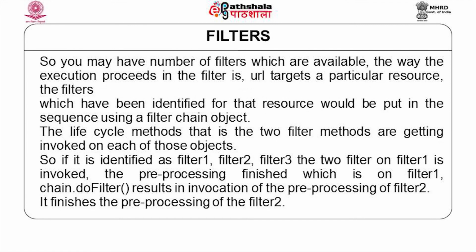Fine. So, if the URL targets a particular resource, the filters which have been identified for that resource would be put in a sequence using a filter chain object. The lifecycle methods, that is the do filter methods, are getting invoked on each of those objects. So, if it has identified filter 1, filter 2, filter 3, the do filter on filter 1 is invoked, the pre-processing finishes on filter 1, chain dot do filter results in invocation of the pre-processing of filter 2.